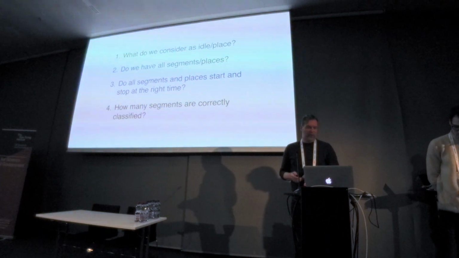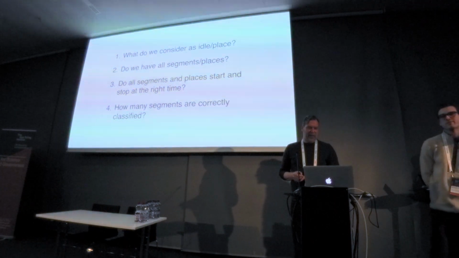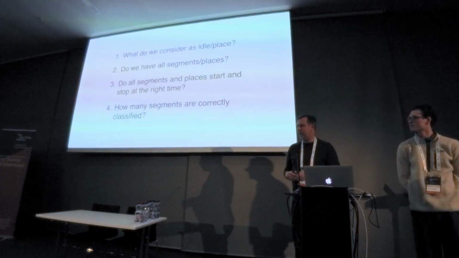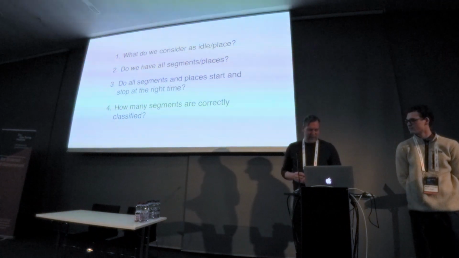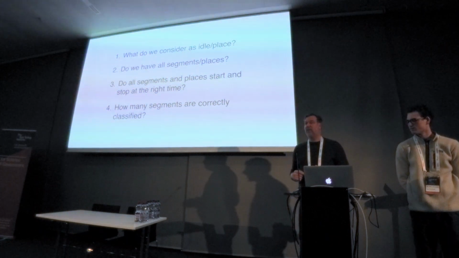I think that's a super important question. Where are the boundaries there? And then naturally, do we have all segments and places, or do we say this is not important and keep it out? And the third question is then, do all segments and places start and stop at the right time?